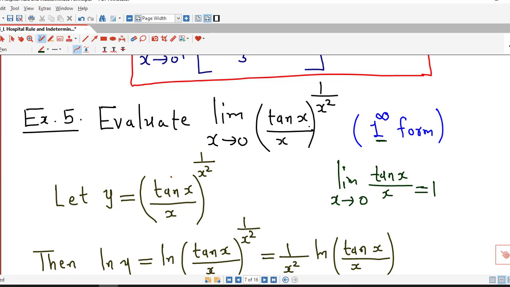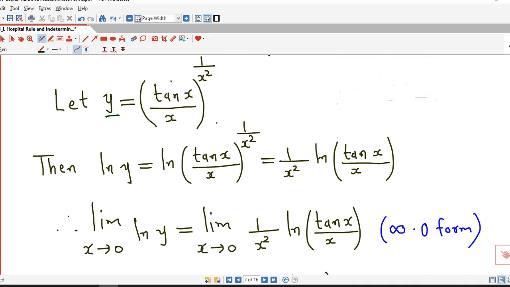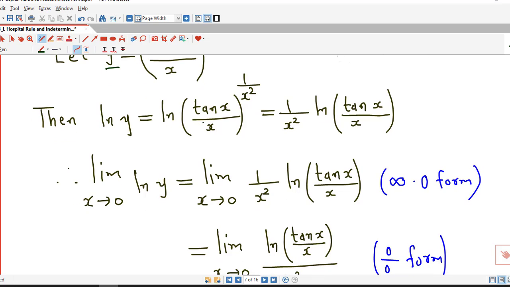So this is an indeterminate form of the type 1 raised to infinity. So we start by taking the given function (tan x / x) to the power 1/x² equal to, say, y. Therefore log y is log of (tan x / x) to the power 1/x², equal to 1/x² times log of tan x / x.